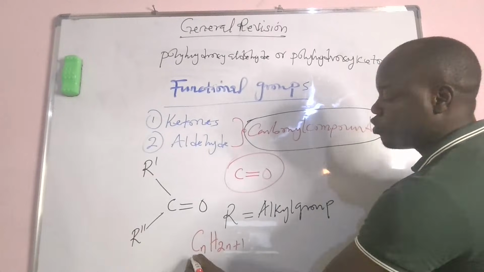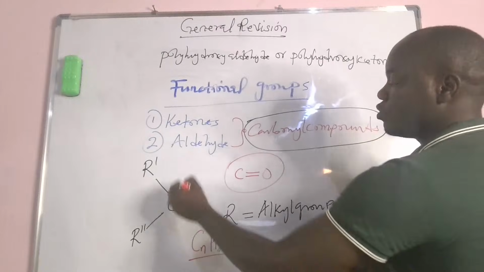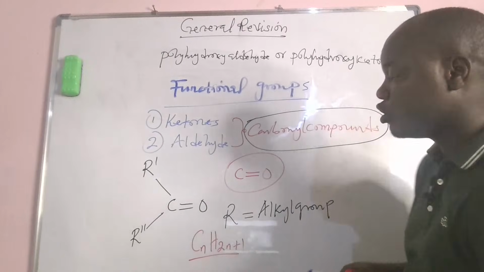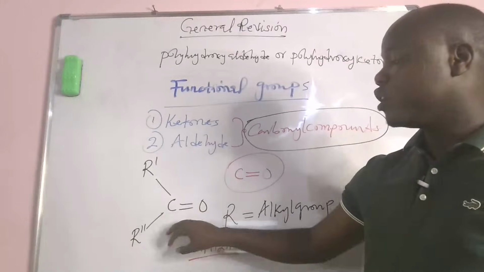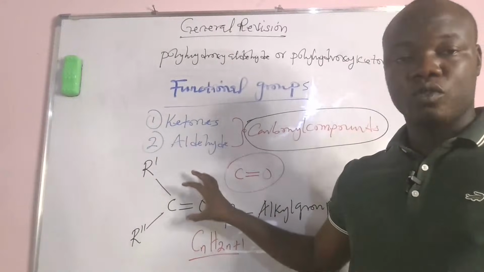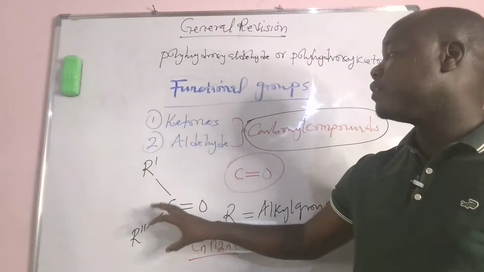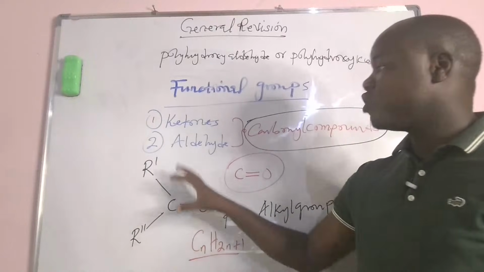So for the ketones, the carbonyl carbon is bonded with two different alkyl groups. So that is what you call ketones.